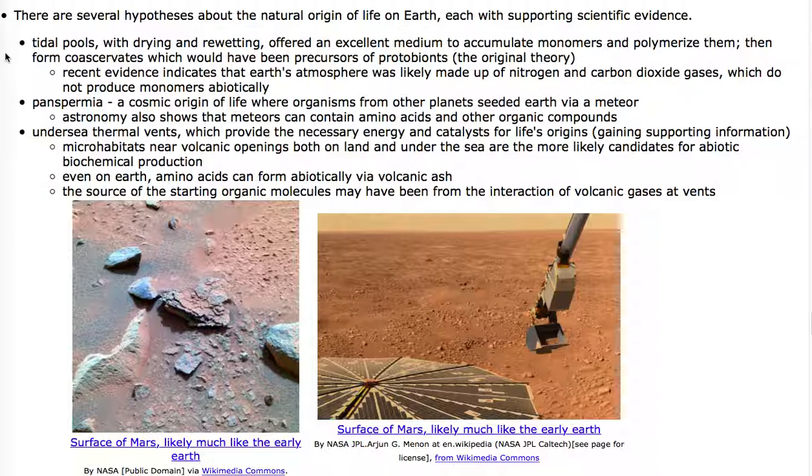For the last 50 years, most scientists have been talking about the tidal pool method of originating life, which is due to a reducing atmosphere. Chemicals in the atmosphere formed that came down in the rain to form puddles full of interesting biochemicals.